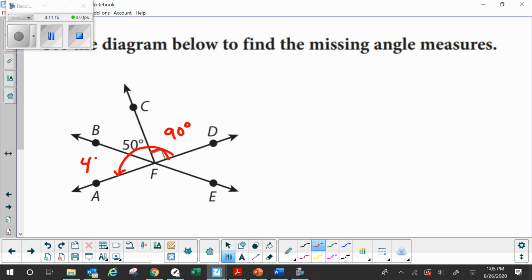Plus another 40 will give you 180. So that angle right there is 40. And these are vertical. So that means this is also 40 degrees. And then this whole thing is 140.